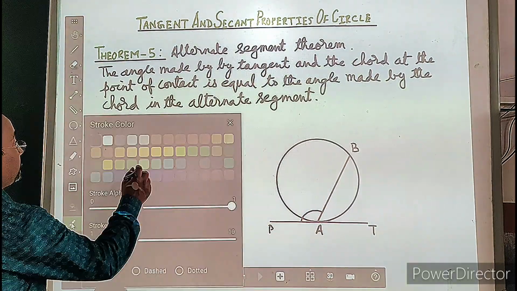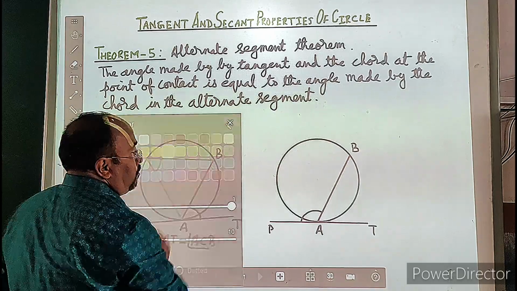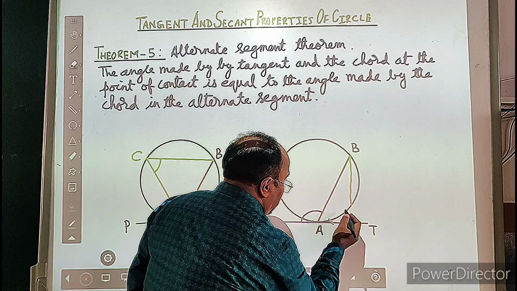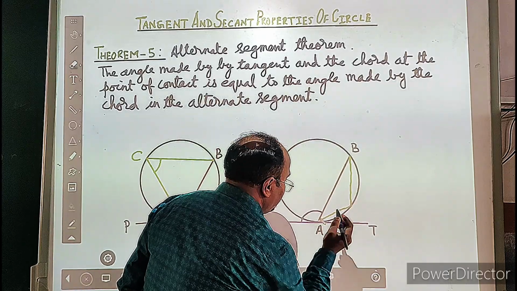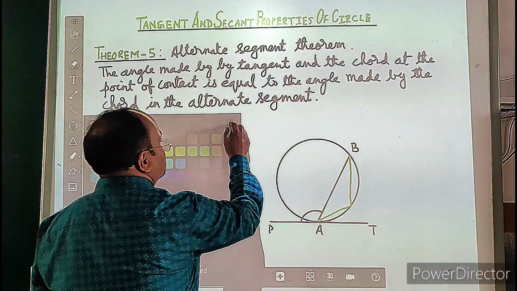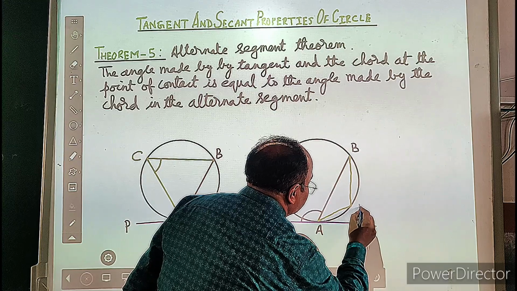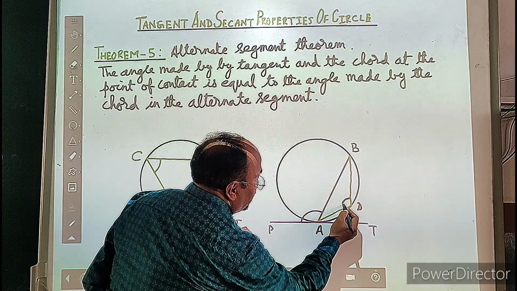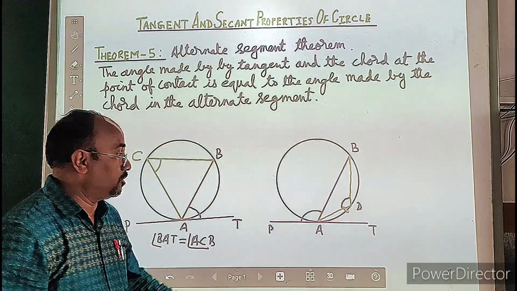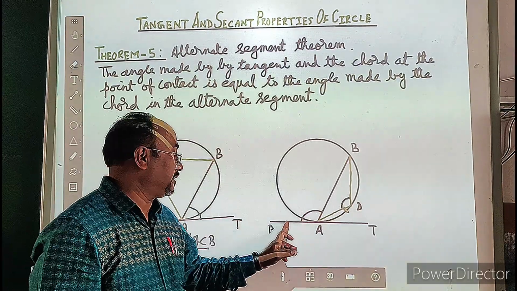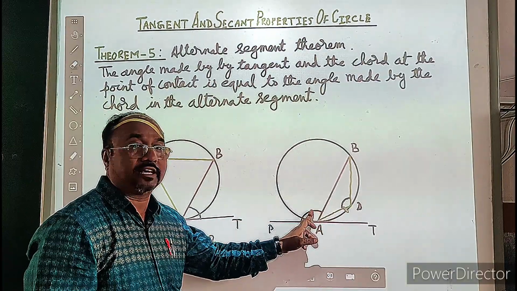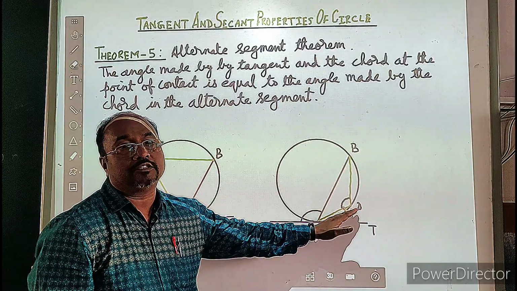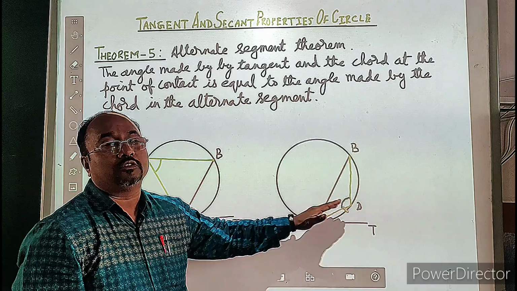So now this angle will be equal to this angle, because this is the angle made by the tangent and the chord in this segment. So this segment becomes the same segment and the other one becomes the alternate segment. So they will be equal.